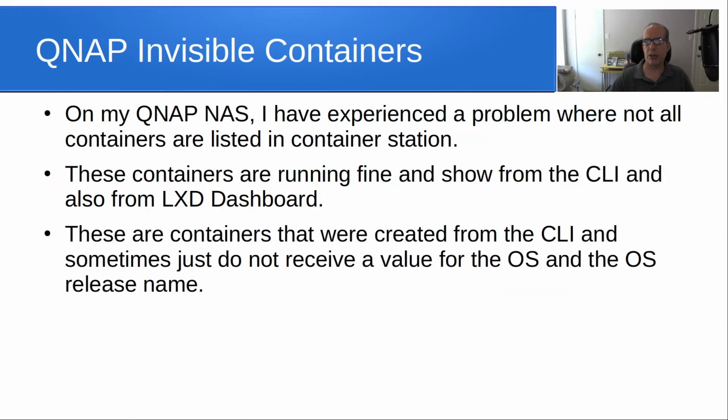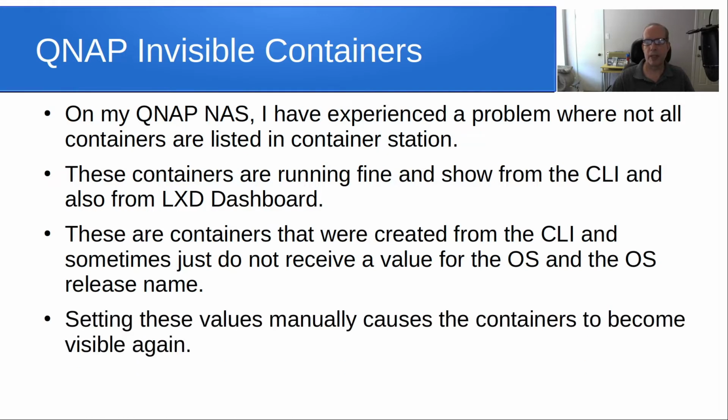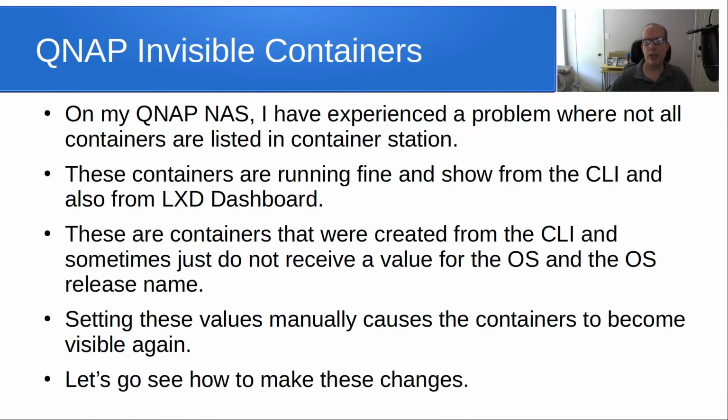These are containers that were created from the CLI, and sometimes they just don't receive a value for the OS and the OS release name. Setting these values manually causes the container to become visible again from the point of view of Container Station. So let's go see how to make these changes.